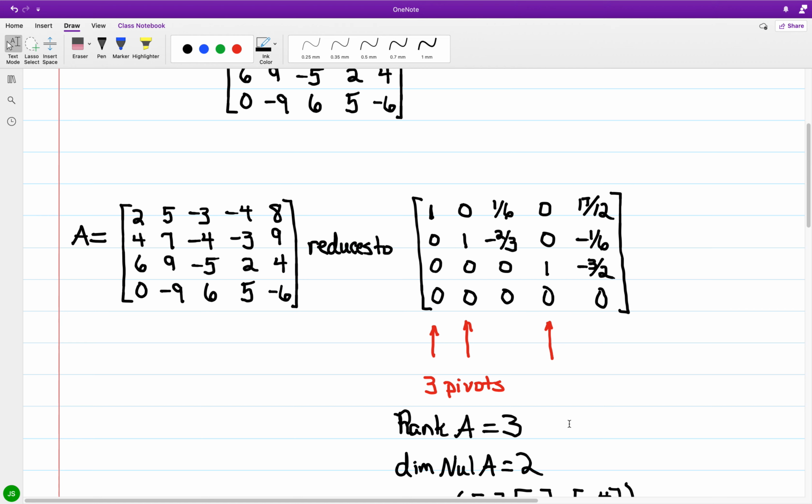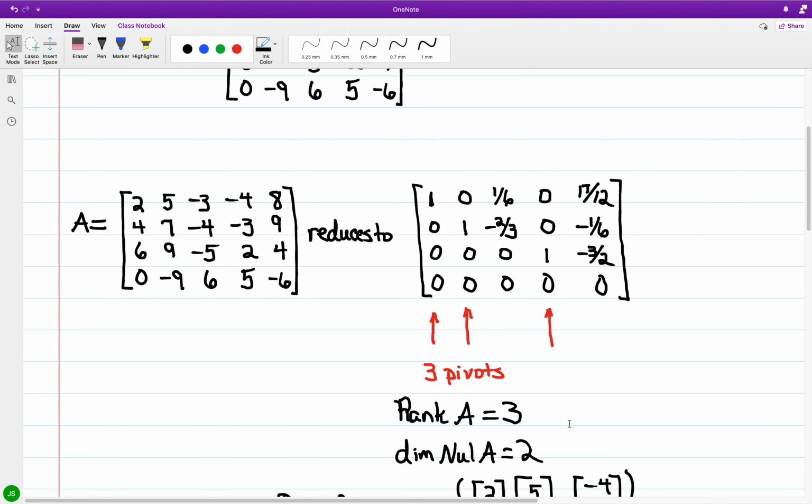The dimension of the null space will be the difference between the total number of columns in the matrix and the number of pivot columns, so we have 2 left over. So the rank is 3, and the basis for the column space will be the first, second, and fourth columns, which we can use.